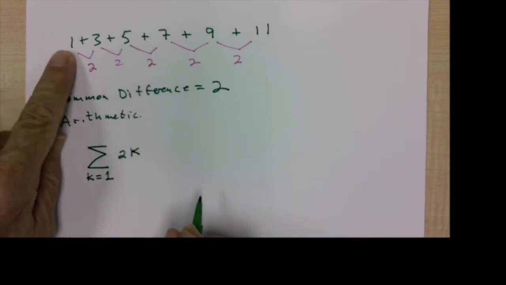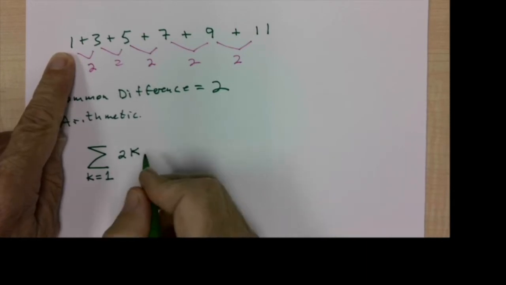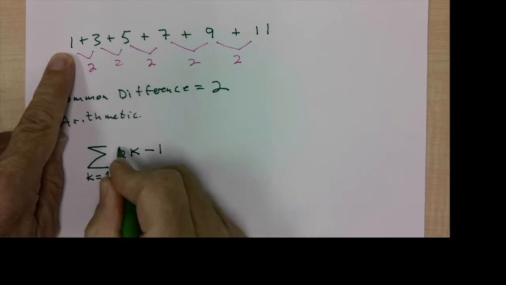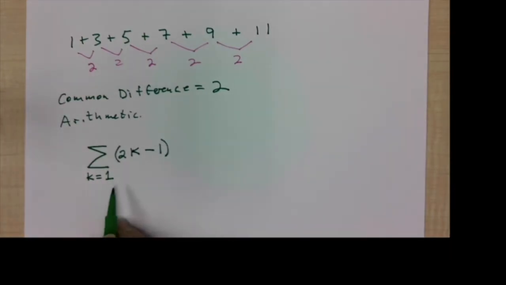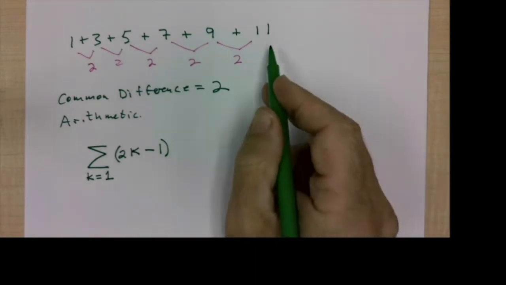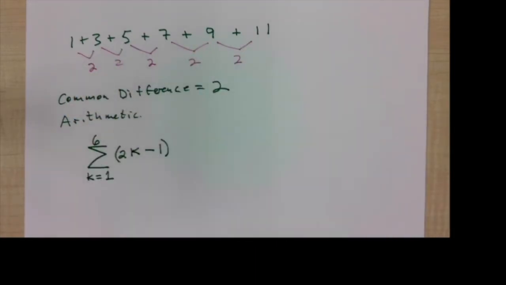But you'll notice my first term is 1. 2 times 1 is 2. How do I turn a 2 into a 1? I have to subtract 1. So in summation form, this is the sum as k goes from 1 to 6 of 2k minus 1.